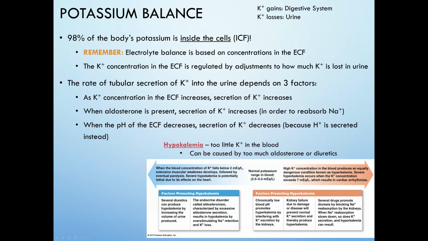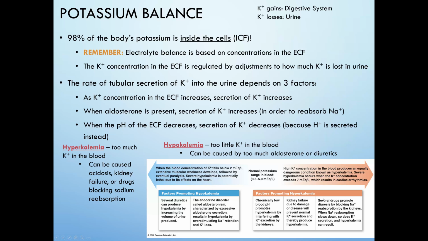Hyperkalemia is when you have too much potassium in the blood. This can be caused by acidosis, which we're going to talk about in the next section. With chronically low blood pH or acidosis, this promotes hyperkalemia by interfering with potassium excretion. Again, in those cases, the kidney stops secreting potassium and secretes hydrogen ions instead.